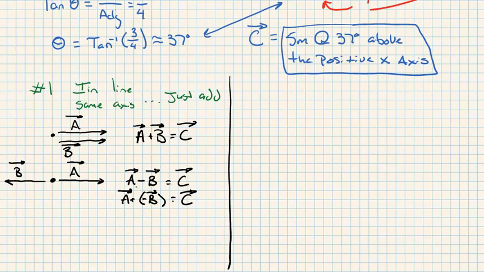If you're dealing with them at a right angle to each other, so situation number two is when they're at right angles, you just do the Pythagorean theorem and then you have to do the tangent to get the direction.